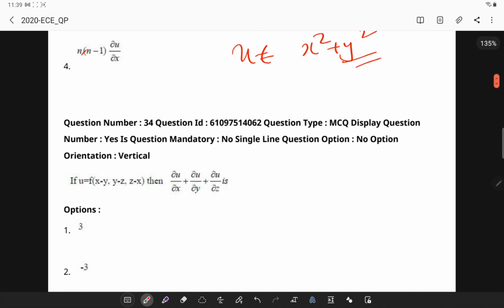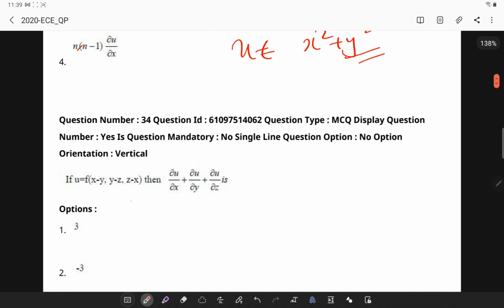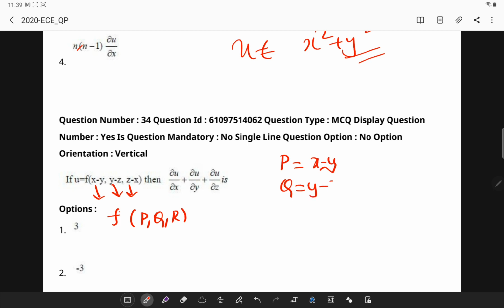Next, this is also a bit lengthy problem. This function can be written in terms of P, Q, R, where P is x minus y, Q is y minus z, R is z minus x.